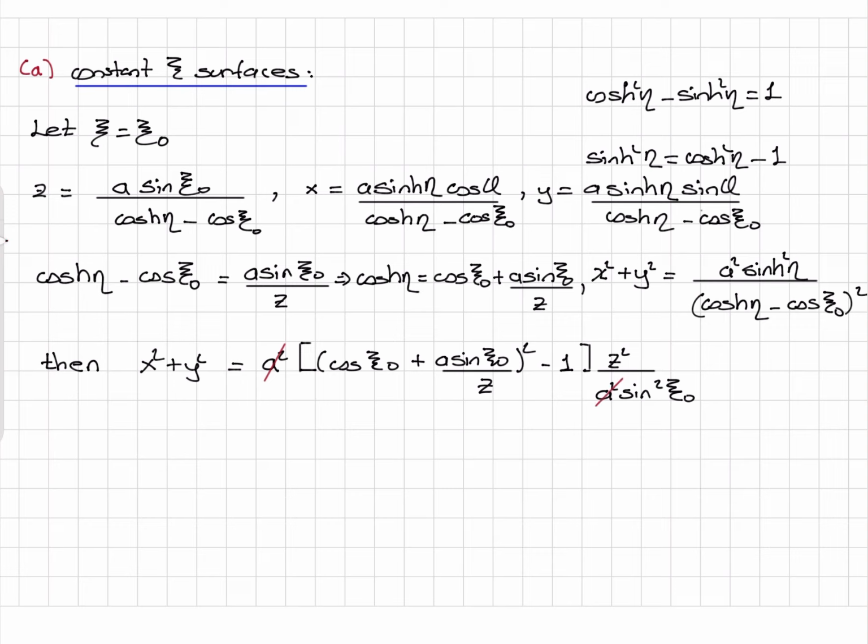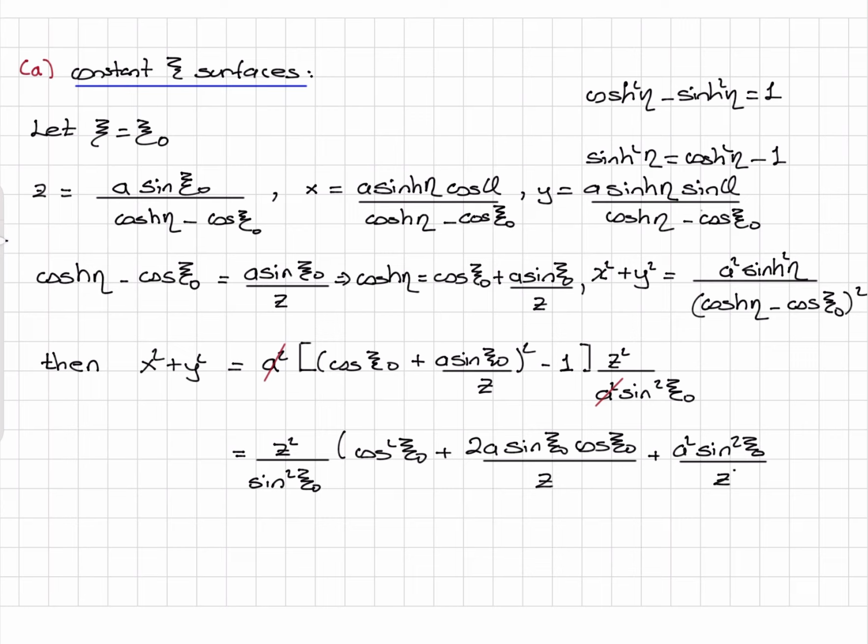Okay. So x squared plus y squared is equal to z squared divided by sin squared psi 0. Now opening up this parenthesis here, the first term is cos squared psi 0. Then I have 2a sin psi 0 cos psi 0 divided by z plus a squared sin squared psi 0 divided by z squared, minus 1. The first term I obtain here is z squared cos squared psi 0 divided by sin squared psi 0.